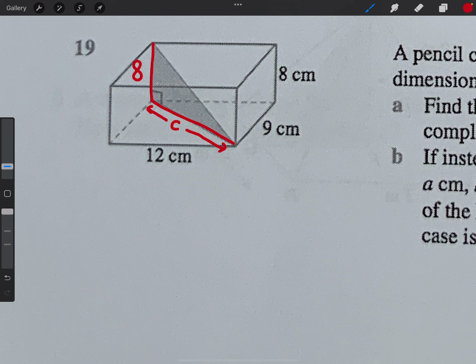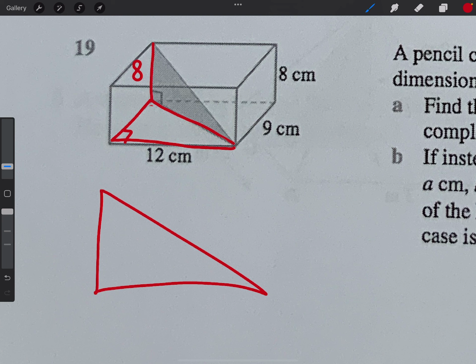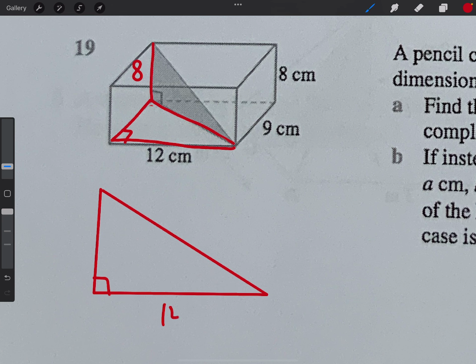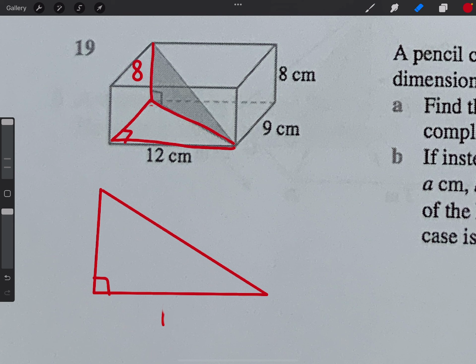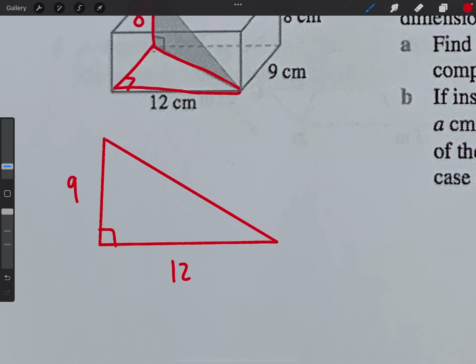To find the distance C, you can look at this right angle triangle. I'm going to redraw this triangle so you can see it. You have 12 here, and you have this distance here, which is 9.